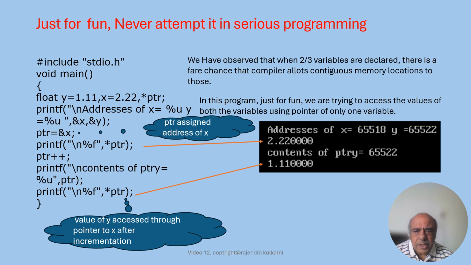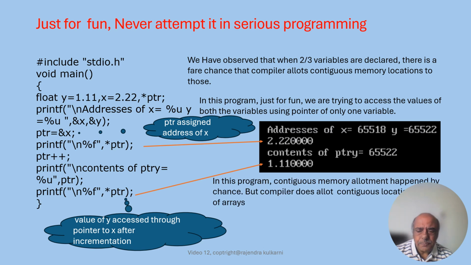In this program, just for fun, please note this is for fun, we are not going to use this kind of logic anywhere in any of our programs. Just for fun, we are trying to access the values of both the variables using pointer to only one variable. This contiguous allotment of memory locations in this program for x and y is purely a chance.